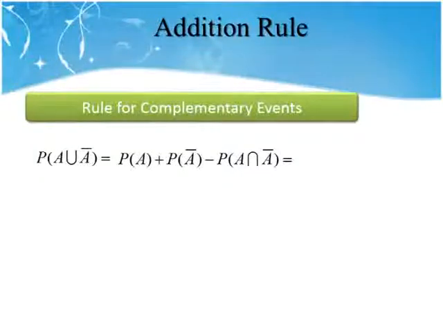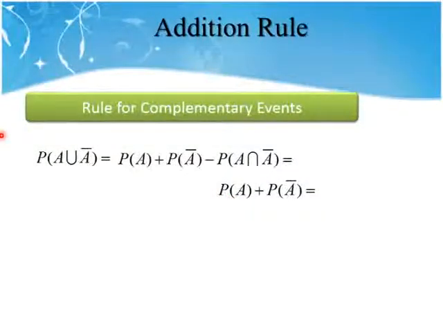So recall that A complement just means A does not occur. And if you think about this, what could the probability that A occurs and A does not occur be? But of course, that has to be 0. So we get rid of the probability that A occurs and A does not occur, and we simply have to add up the probability that A occurs plus the probability that A does not occur.